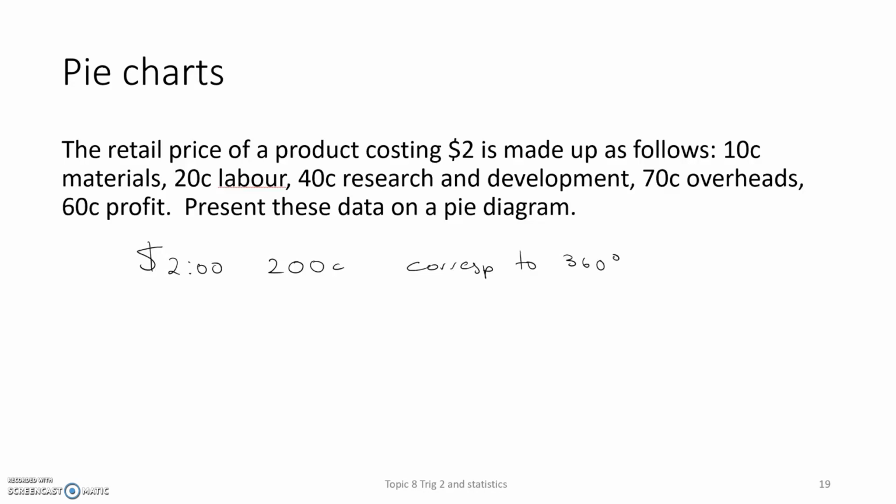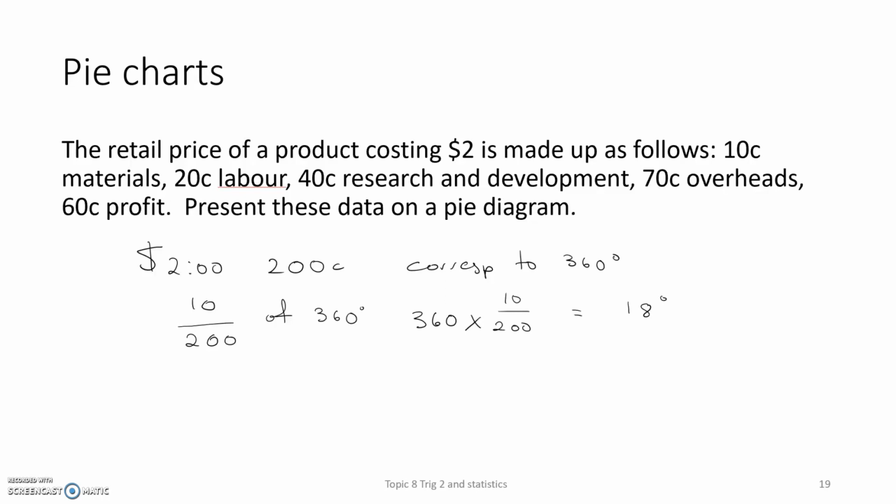So 10 cents is 10 cents out of the 200 cents. That has to be a fraction of 360. So it would be 360 times 10 200ths, which is about 18 degrees.